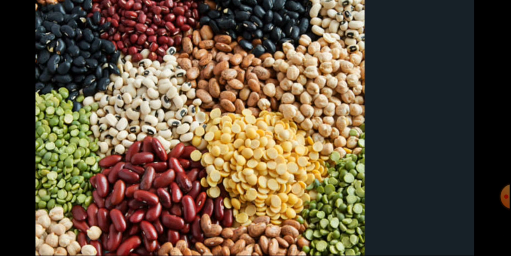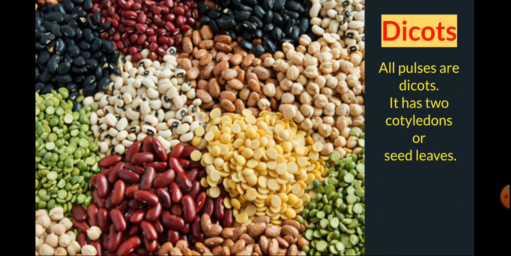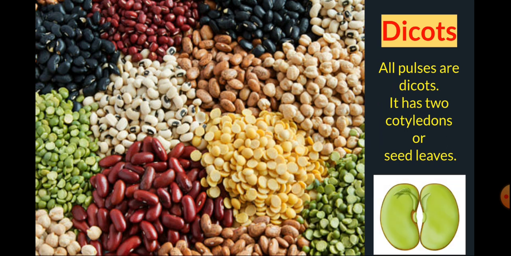These are dicot seeds. Yes, all the pulses like red gram, soya bean, green gram, urad dal are all dicots. Yes, you are right. All pulses are dicots. It has two cotyledons or seed leaves. Okay?